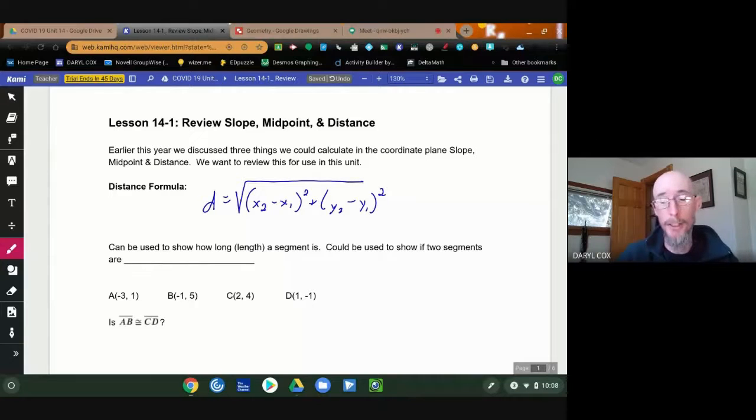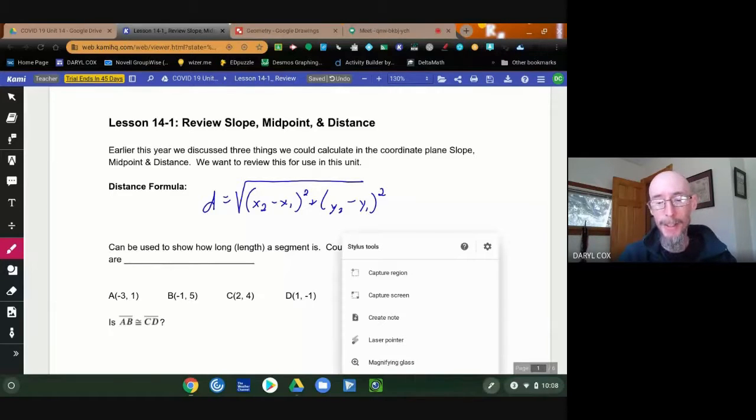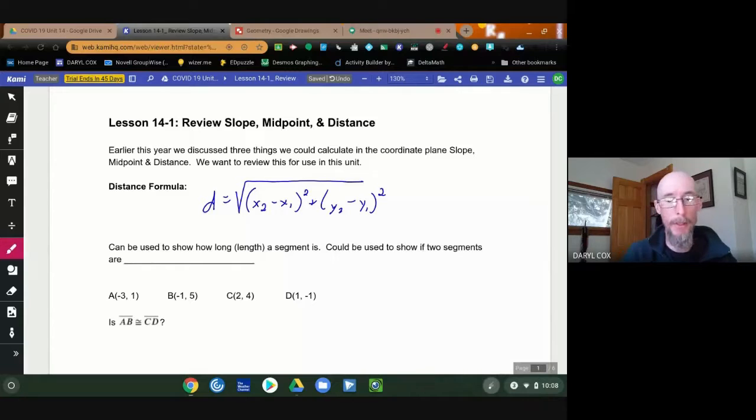And if you remember, we actually talked about how this is really derived from the Pythagorean theorem, because you have something squared plus something squared equals something squared. But instead of squaring it, we take the square root. So the distance formula really is derived from the Pythagorean theorem.